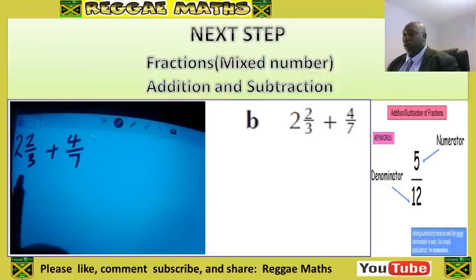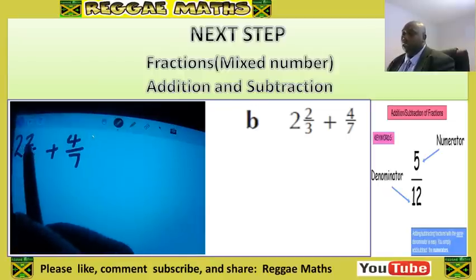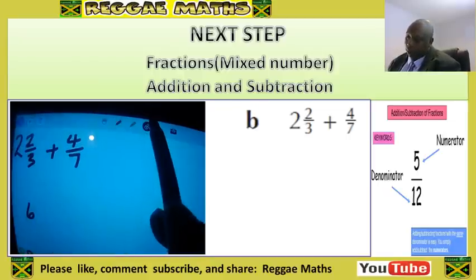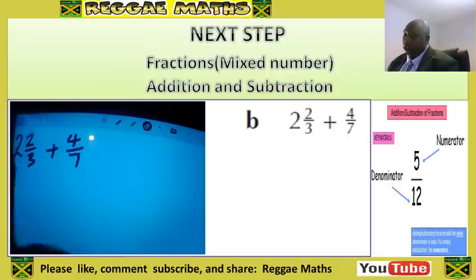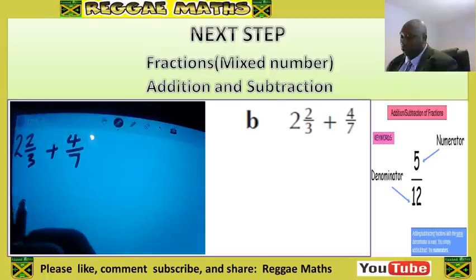So step 1, bottom times side add top. So 3 times 2 is 6, right? And then you add the 2, right? That's going to give you 8/3 plus 4/7.